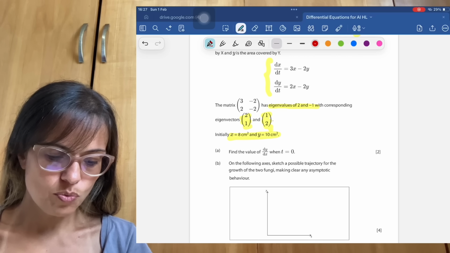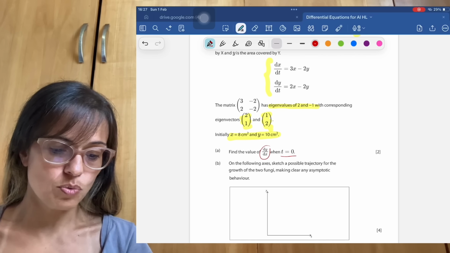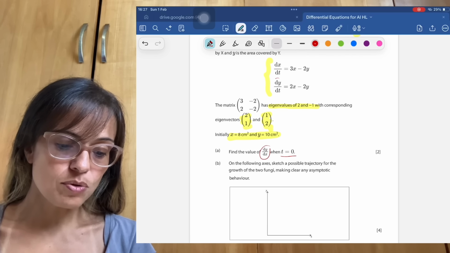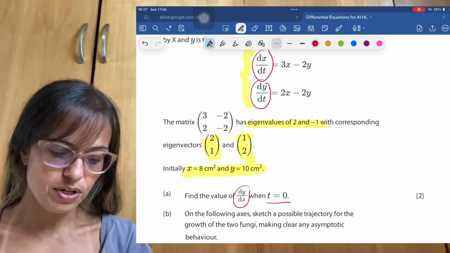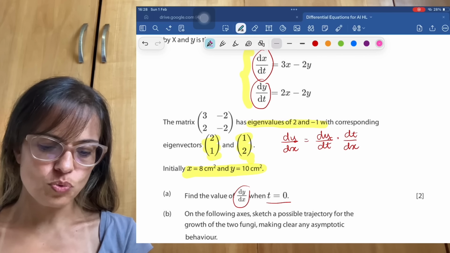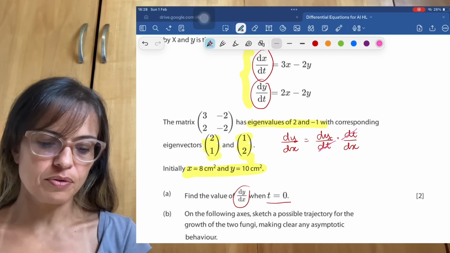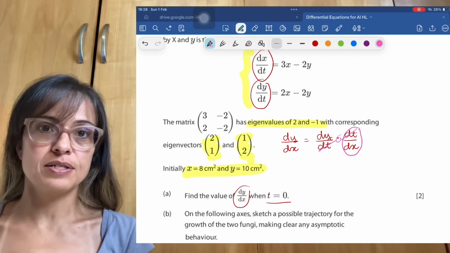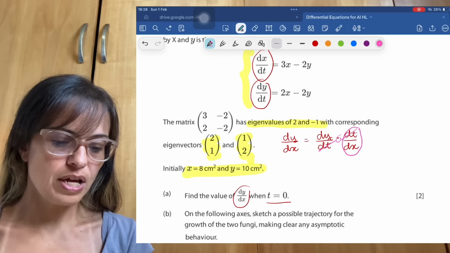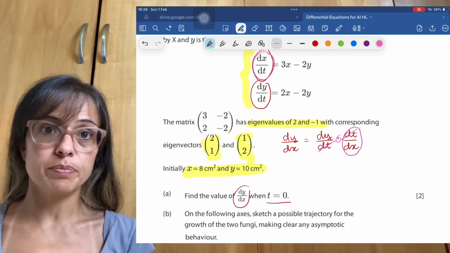Find the value of dy dx when t equals 0. Here's the thing. He gave us dy dt and dx dt. So what you should do right here, it looks kind of like this, right? If the dt's would cancel out, then this is dy dx. So instead of multiplying by dt dx, which is a weird thing, what you actually have is dx dt. So you're going to divide by that.